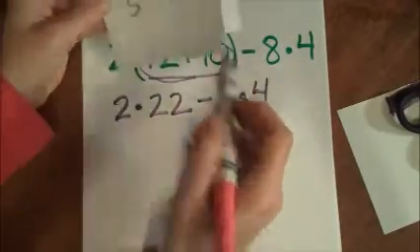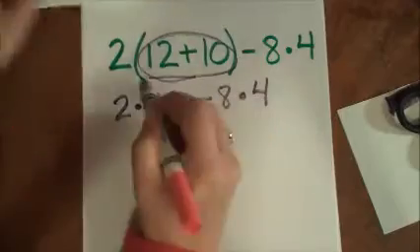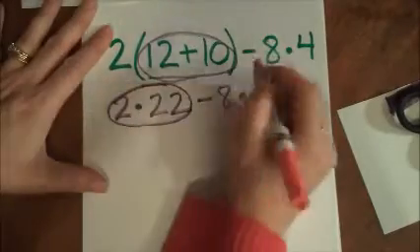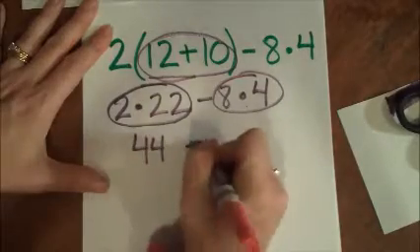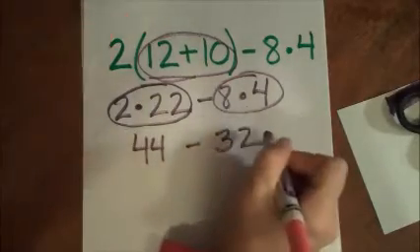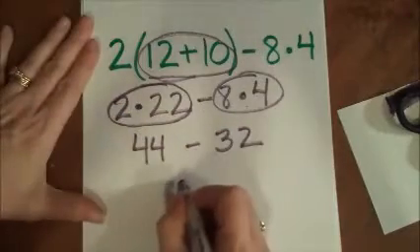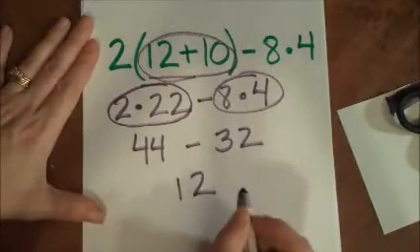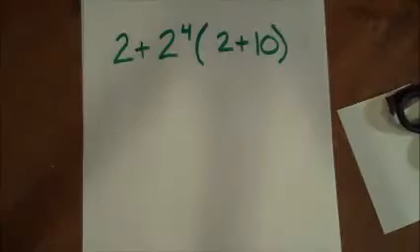There are none to evaluate. Check for multiplication or division. 2 sets of multiplication. 2 times 22, 8 times 4. 44 minus 32. Down to my last step. Down to one operation. 44 minus 32 is 12.